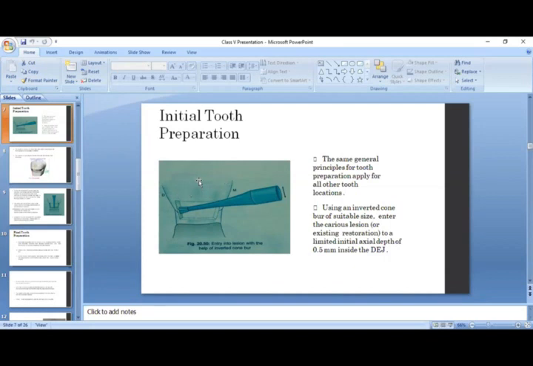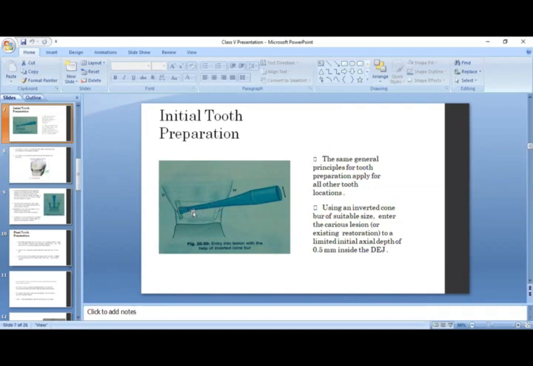Facial side means the side in front of the lips. This is the mesial side. Mesial side means close to the midline. When we close our mouth, there is a midline going between the upper teeth and the lower teeth, and that is basically the distal side, and that is the class 5 carious region.